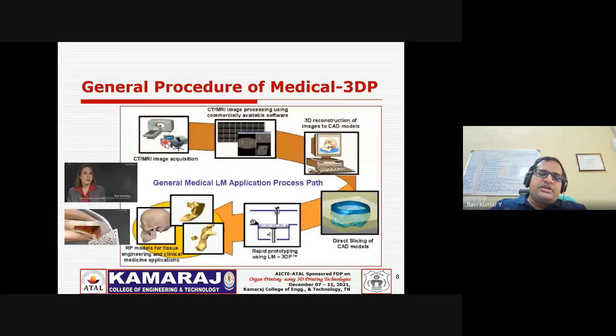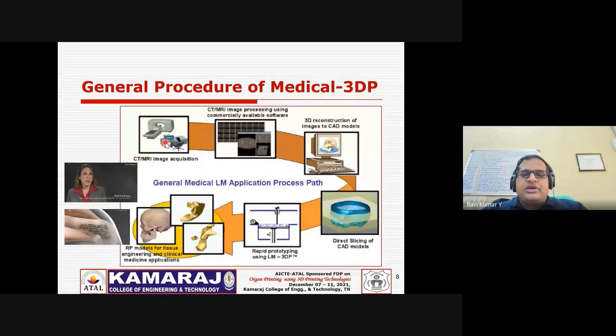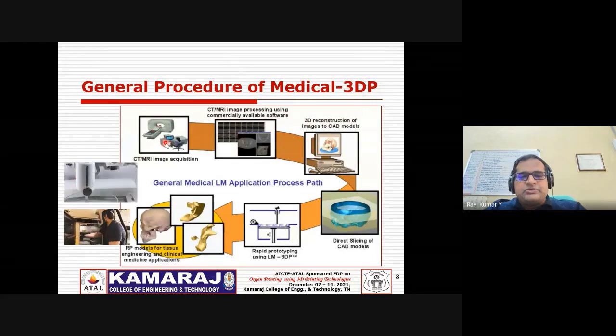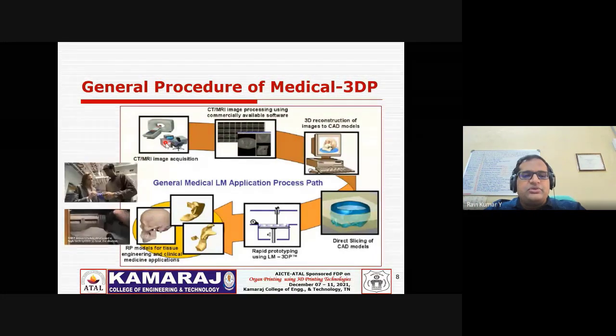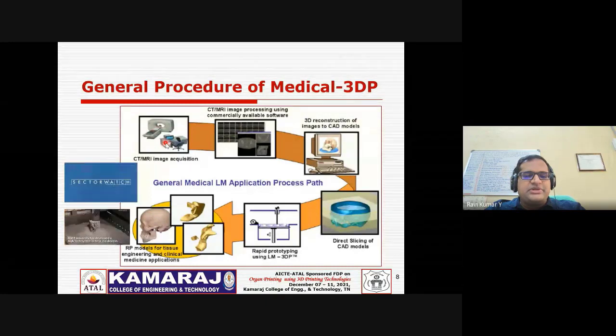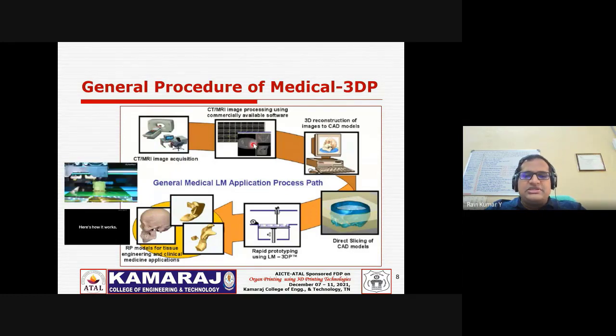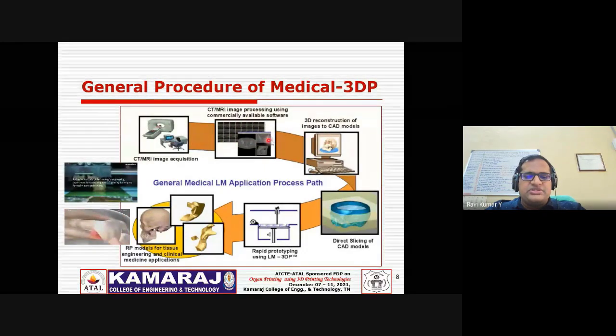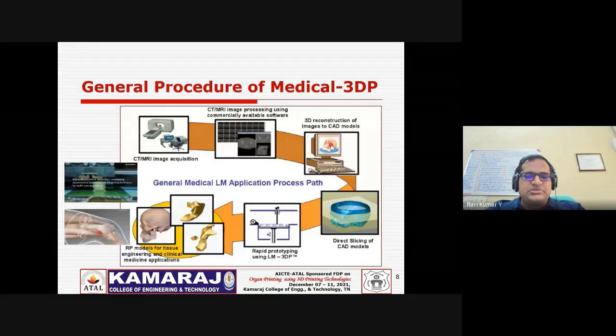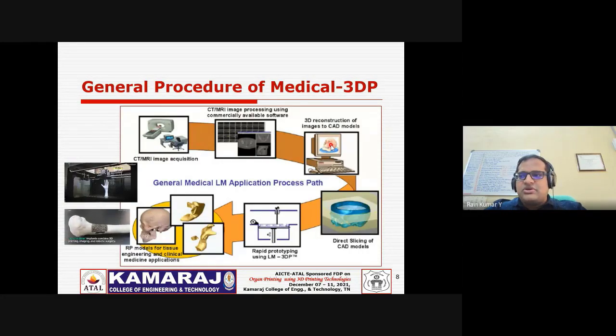You are targeting a particular anatomy of the patient, whom you ask to undergo an examination with the image acquiring system, and then you get those images and reconstruct them. Just now we have discussed how you are going to reconstruct these images. Once you reconstruct these images, you can link to your standard 3D printing process.